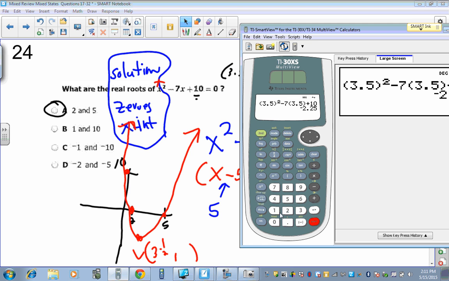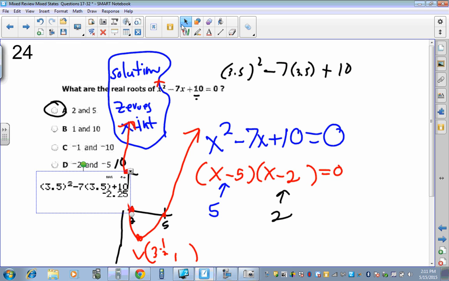Press enter. Okay, and we get negative 2.25 for the y number. So we know that at 3.5, negative 2.25, that's where the vertex would be.